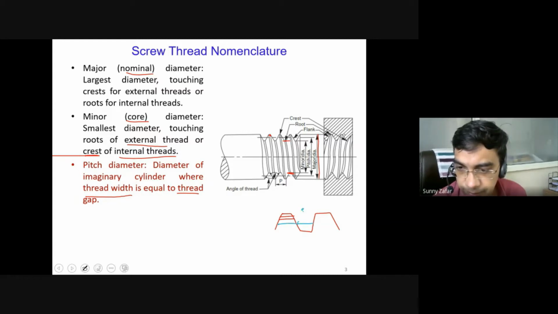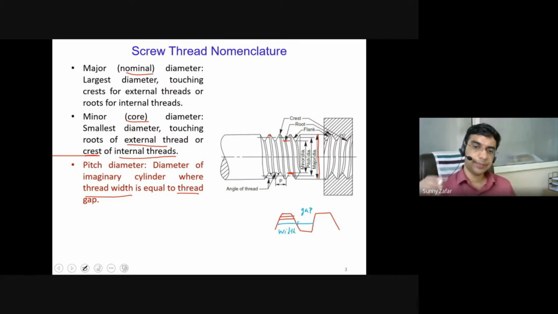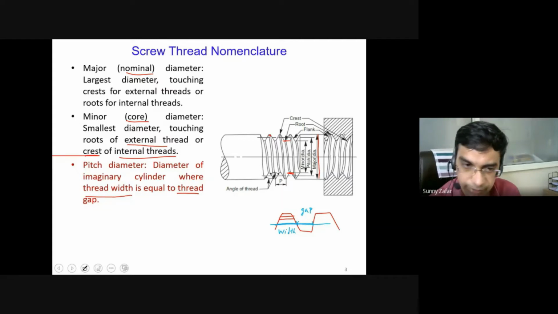So this is the gap, and this is the width of the thread teeth. This pitch diameter will be the imaginary diameter or the line which is passing through this point where the width of the thread is equal to the gap between each thread. So this is known as the pitch diameter.